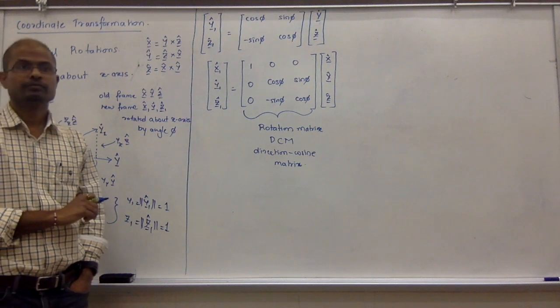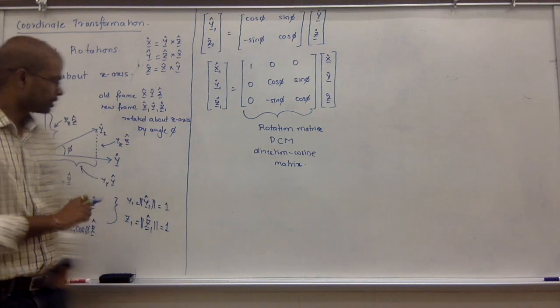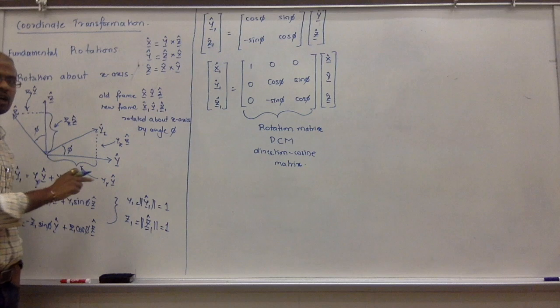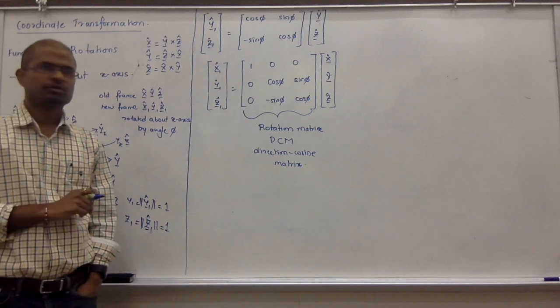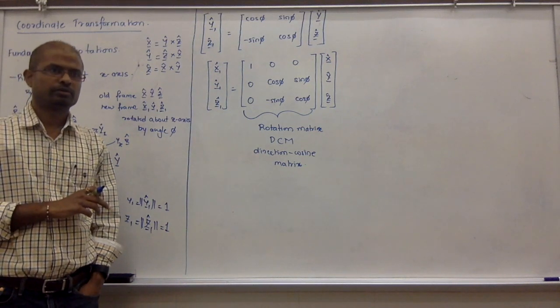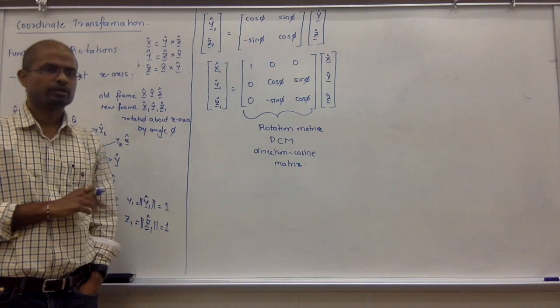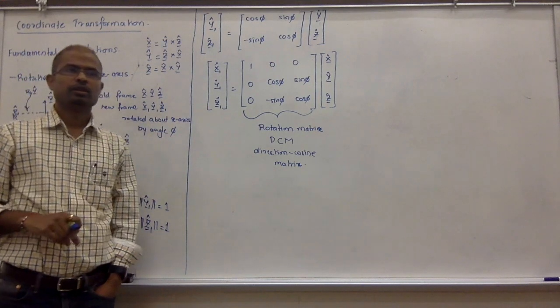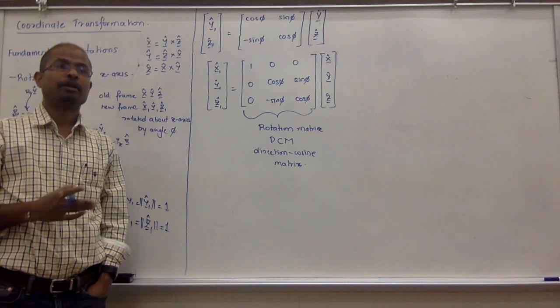Do we still look at IJK or no? XYZ would be IJK. So you can do that as well. That's fine as well. So this is fundamental rotation about I.